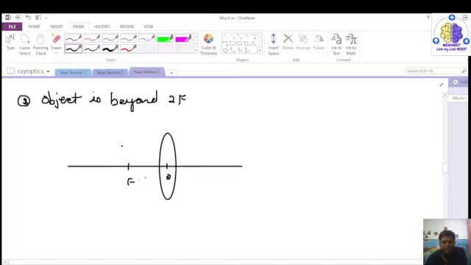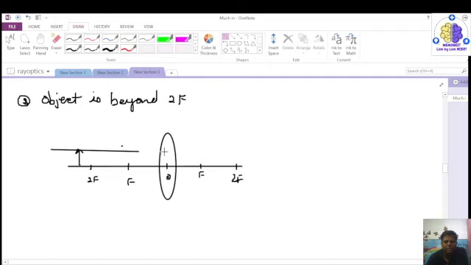If this is f, this will be f, this is 2f, twice the distance of focal length, and this will be your 2f, that is twice the distance of focal length. Then this is the object, right?